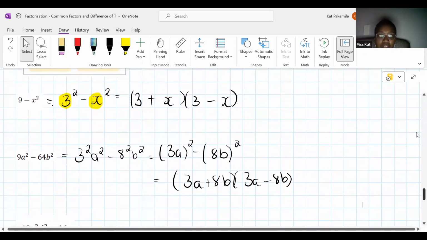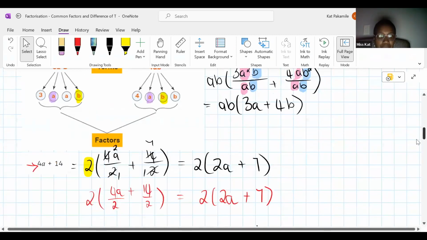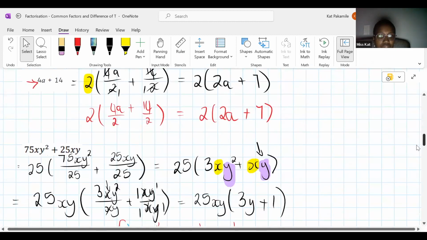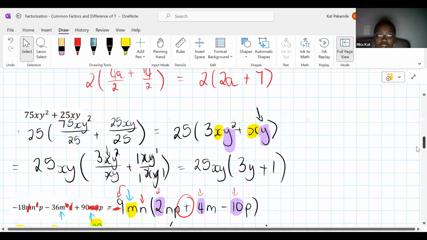For instance, let's look at the questions in the beginning. It was a 75 and a 25. Those aren't square numbers. So then you would have to look for a common factor. That's why we're learning different methods of factorizing. You have to go through the checklist in your mind. When you see a question, you have to be like, okay, is there a common factor? Then you check. Is there anything that can be divided into both the numbers?